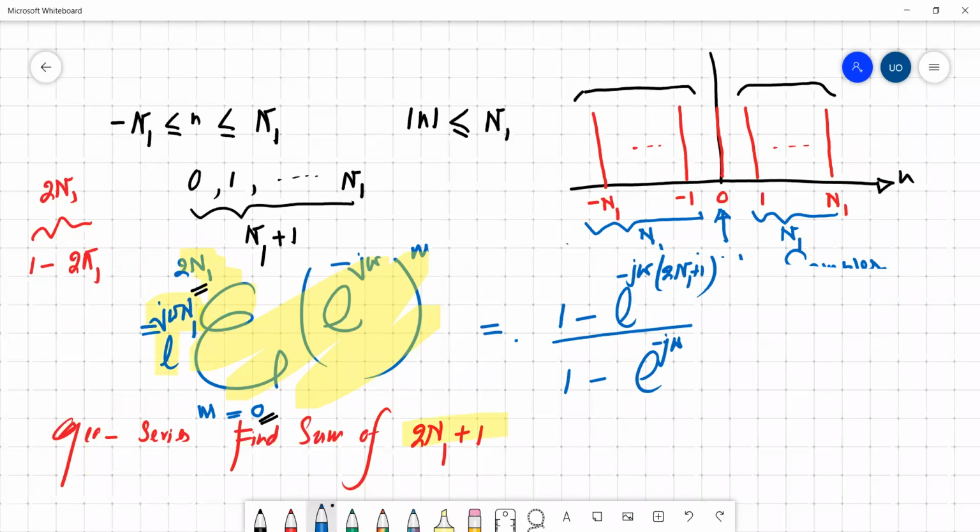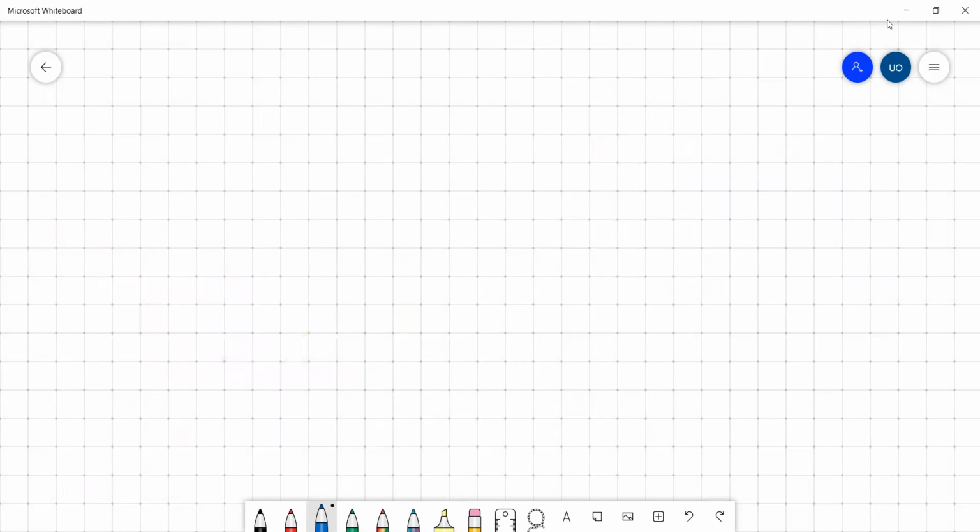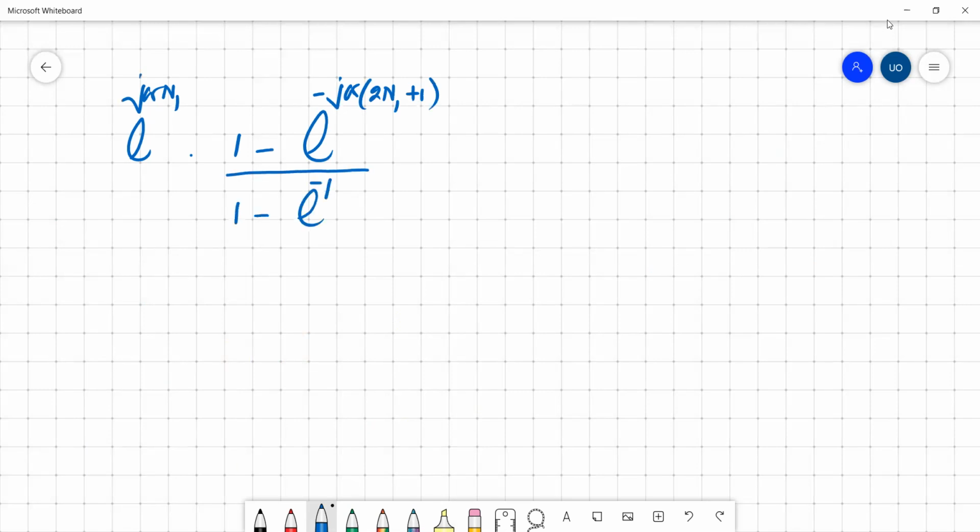So now you have e to the power j omega N1 times 1 minus e to the power minus j omega (2N1 plus 1), divided by 1 minus e to the power minus j omega.